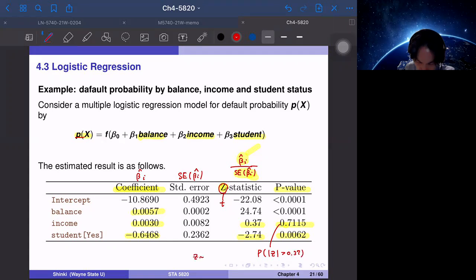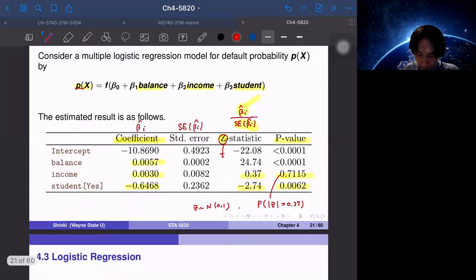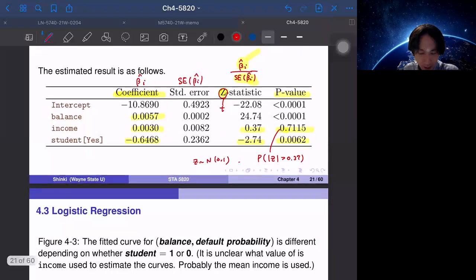Here, z follows normal 0, 1. So not t statistic, but z statistic. The t distribution theory does not apply. So we have only a rougher approximation than t statistic.